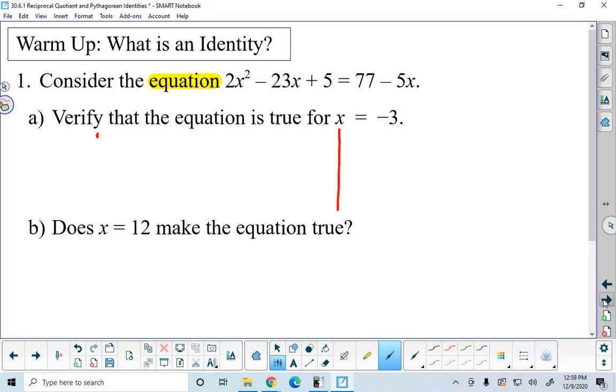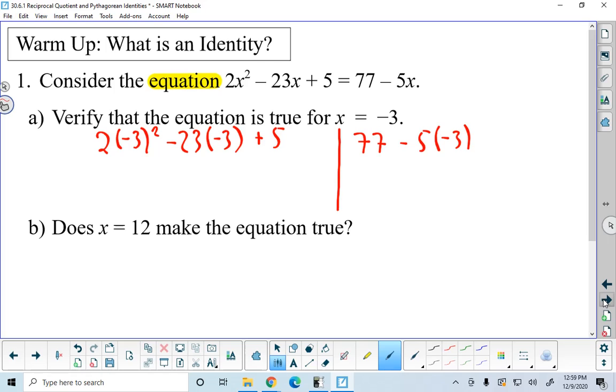So what that means, and there's a very specific method to doing this, is that you put negative 3 in on the left-hand side, and you put negative 3 in on the right-hand side, but there's no equal sign. The concept of verifying whether something is true or not means you don't start by assuming it's true.